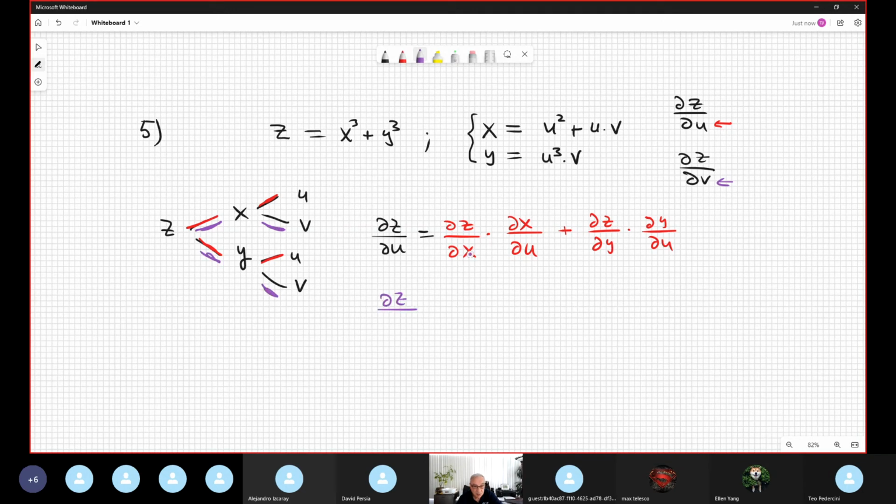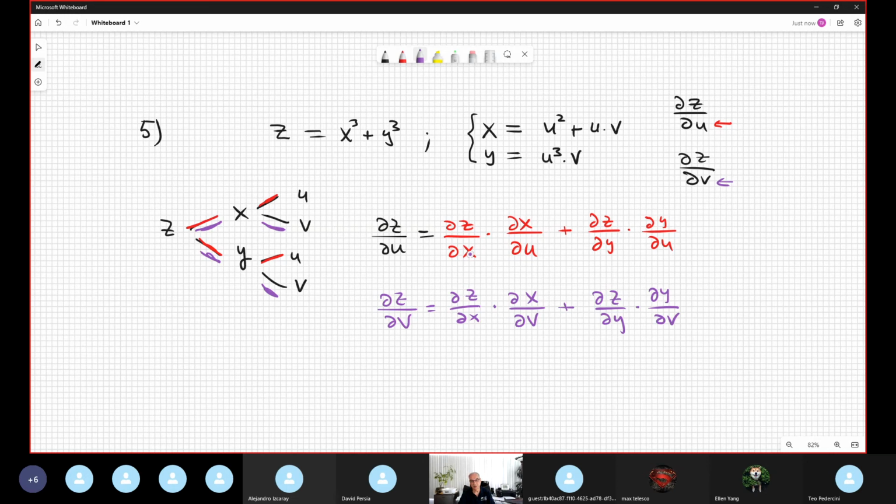Partial z with respect to v is partial z with respect to x, it's a coincidence, exactly the same, times partial x with respect to v, plus partial z with respect to y, exactly the same path, times partial y with respect to v. Cool. And the rest is mechanical.